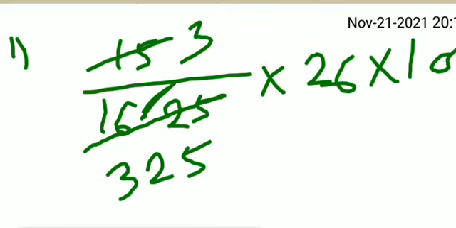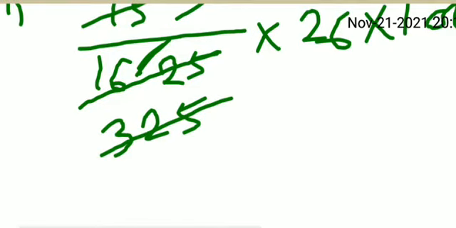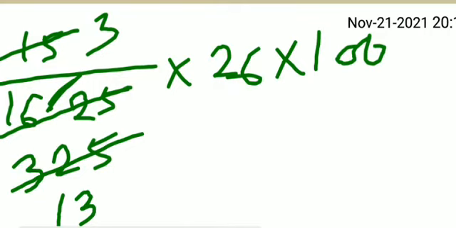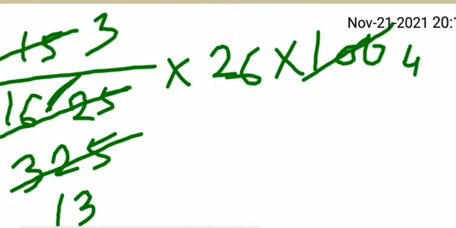Next one, 5 cancelled by 25. 25 ones are 25, and 25 3s are 75, and 25 cancelled with 100, it will be 4.